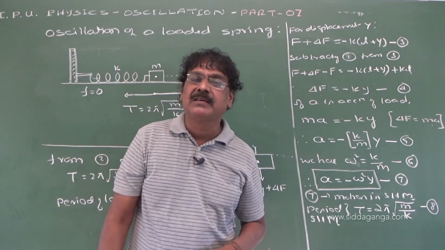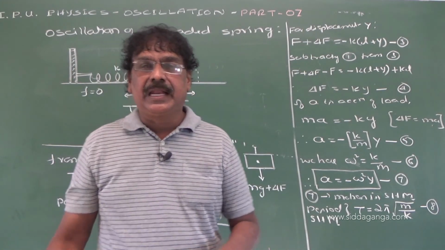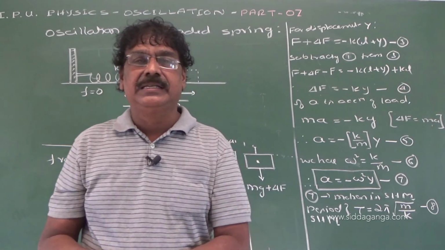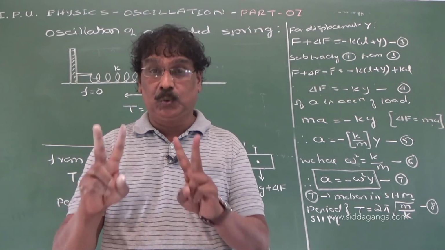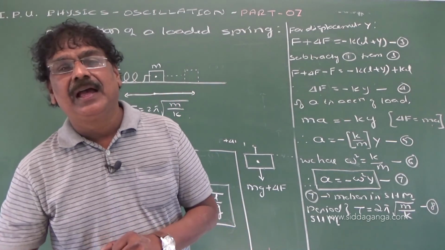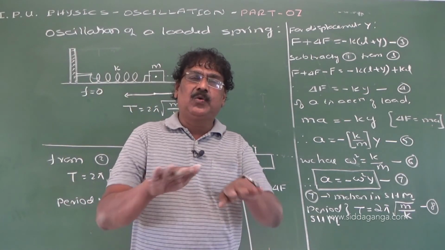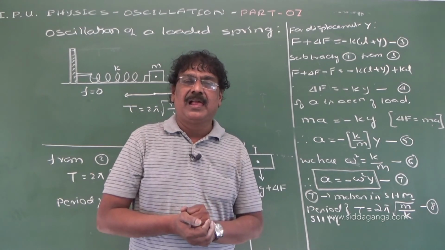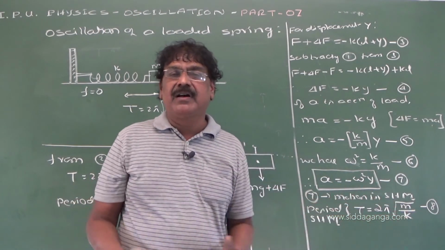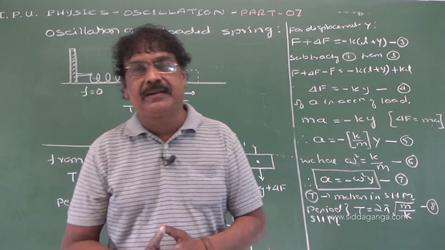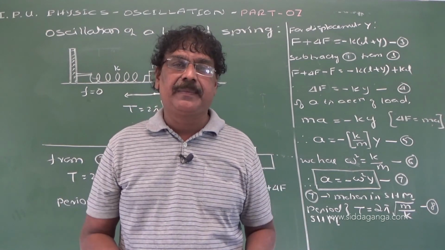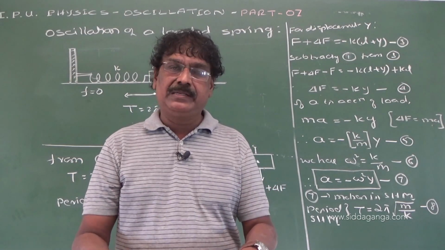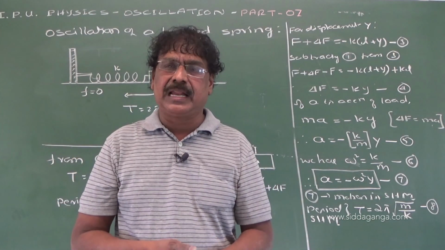How many springs are used in motor vehicles as part of the shock absorber? Two. Even in cushion sofas and in some cases beds, they use springs. Now those springs are several in number.